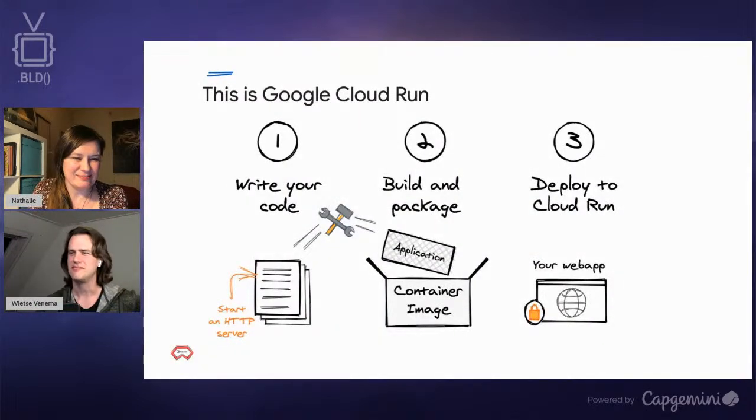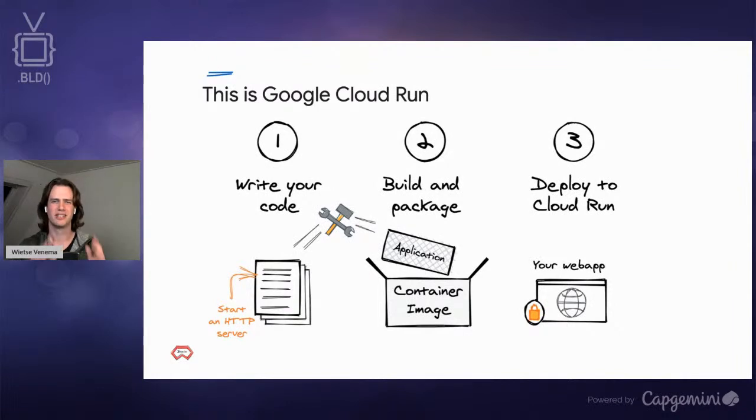Yeah, sure. Before I head full into the talk, I want to explain Google Cloud Run in one diagram and tell you why I, as a software engineer, am so excited about it. That's because the developer workflow is a straightforward three-step process.